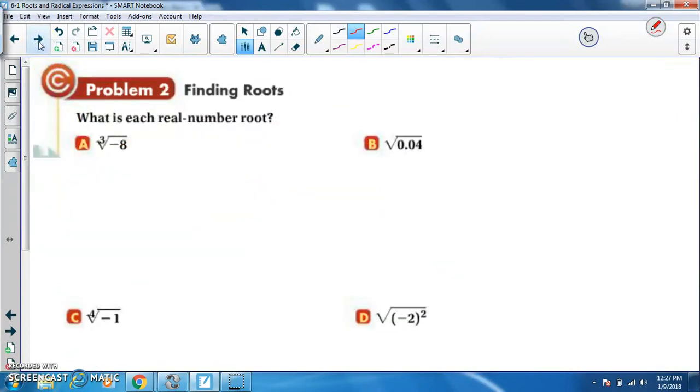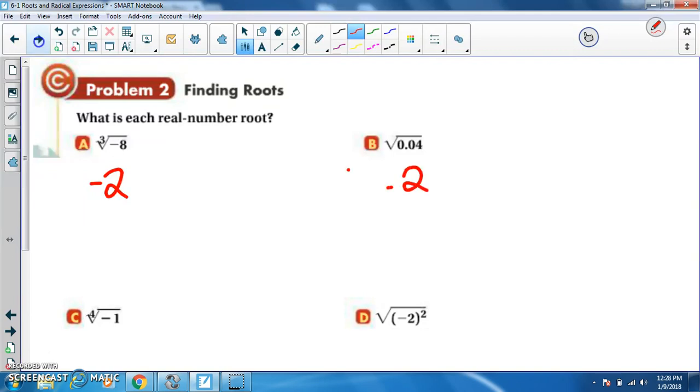Finding roots. What is each real number root? Once again, the cube root of negative 8. What cubed equals negative 8? Negative 2 cubed, so negative 2 is our real root. Square root of 0.04. What squared equals 0.04? That is 0.2.